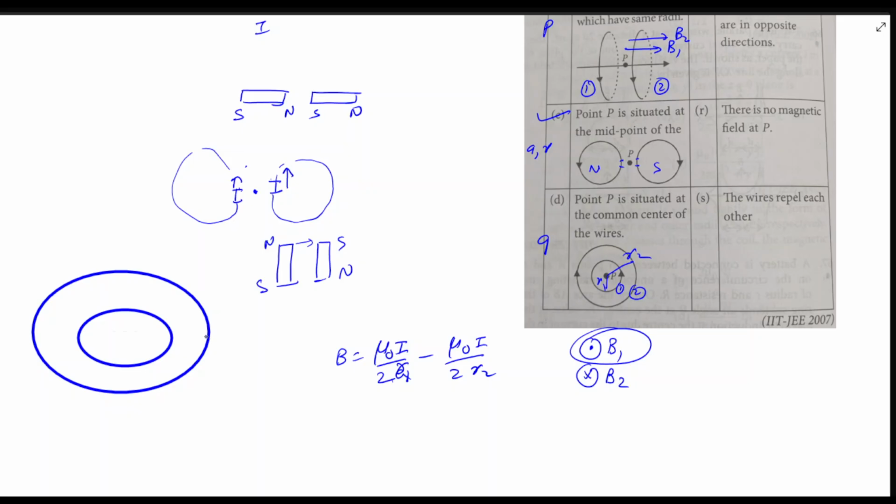Look what happens at this section of wire. All the other sections will be applying force, but the force due to this section will be maximum. So we'll say net force will be like this. So they will be repelling. So it's like this. Again, on this section, all the other sections will be applying force, but this section will be applying the maximum force and which will be repelling it, right? So the net force, they will actually be repelling each other. So it will be S, right? So S will be correct.